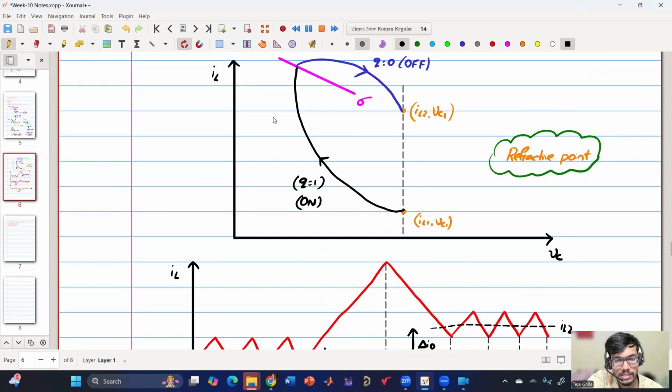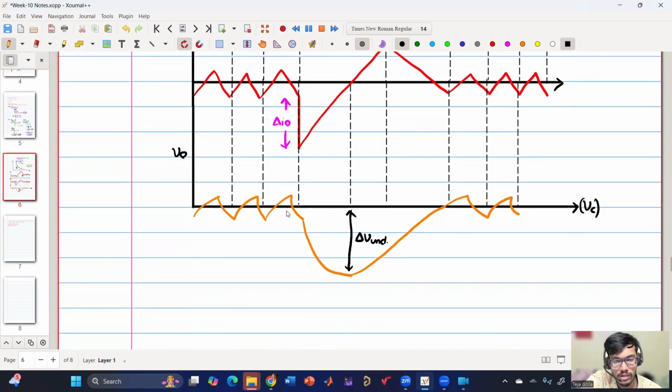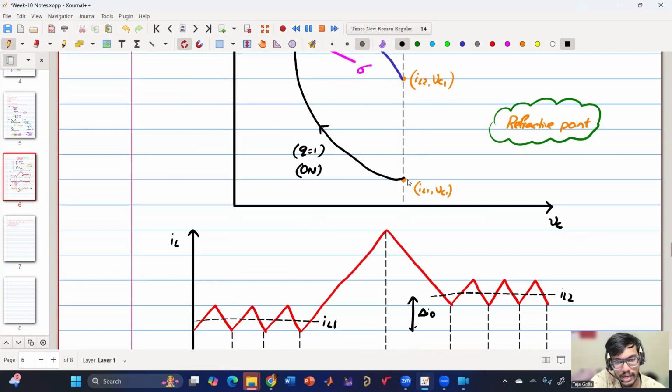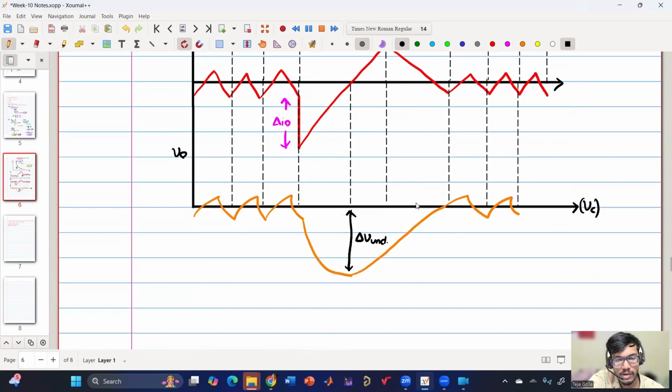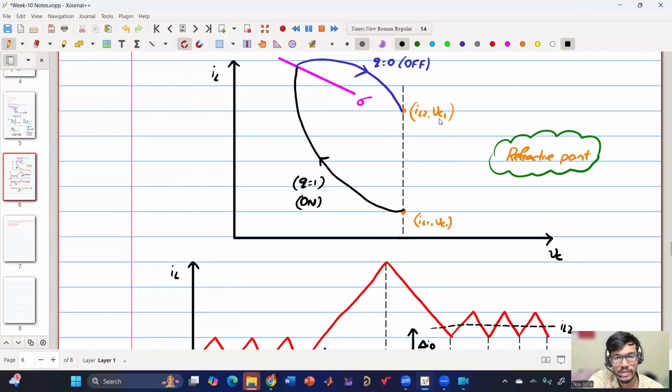This peak is same as that peak. And during that peak, in between the voltage is falling. After this, the inductor current is trying to come back, and then the voltage is also increasing. So after the steady state, IL is at IL2, VC is at the same value.